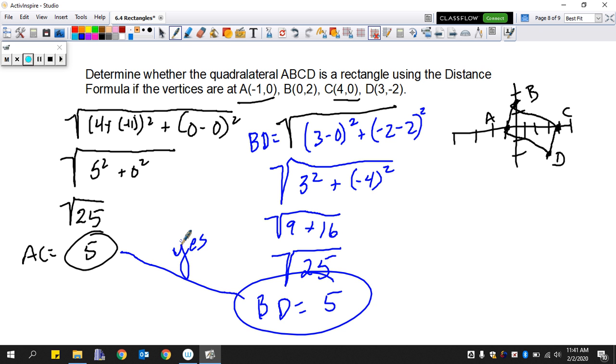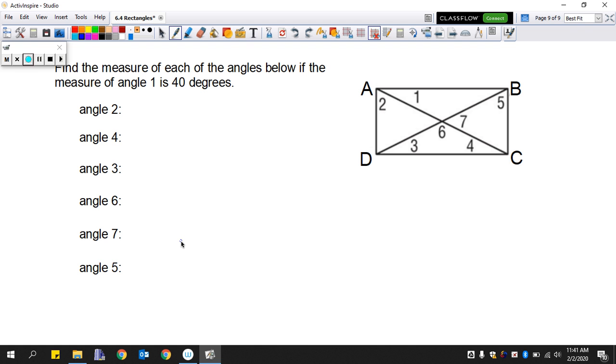All right. And our last example says find the measure of each of the angles below if the measure of angle 1 is 40 degrees. So we know that this measure up here is 40 degrees. All right. So if we know this is 40 degrees, we know this is not a right triangle, but a right angle.